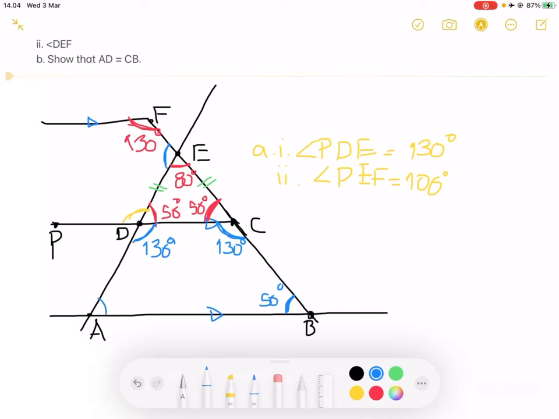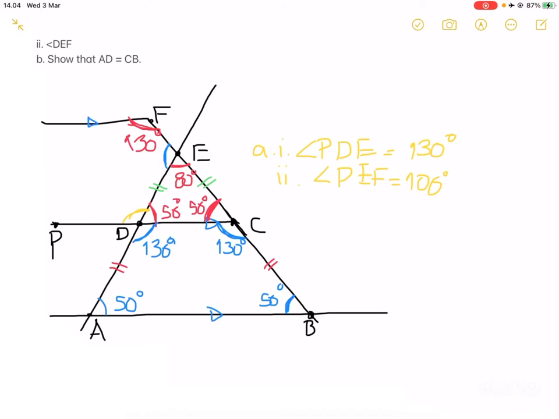And we can do the same right here. Or probably before you find these angles on the bottom, you can notice that angle ADC is equal to angle DCB, and therefore the legs of this trapezium, trapezium ABCD, must be equal. So we're done showing this.